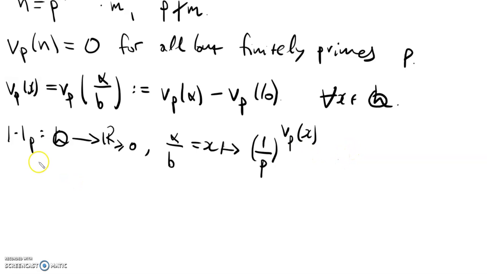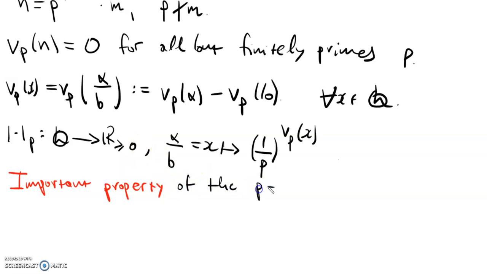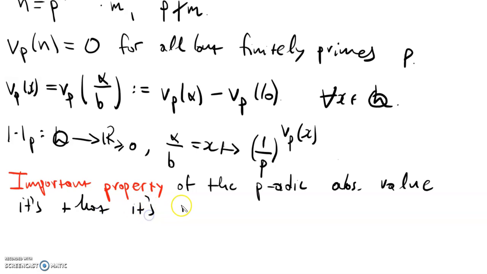The important property of the p-adic absolute value is that it's non-Archimedean.